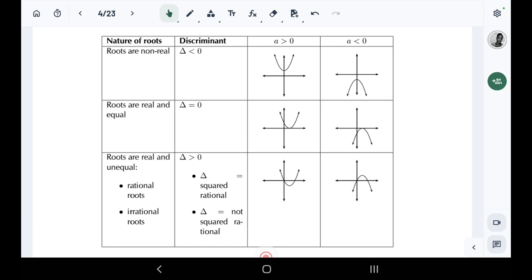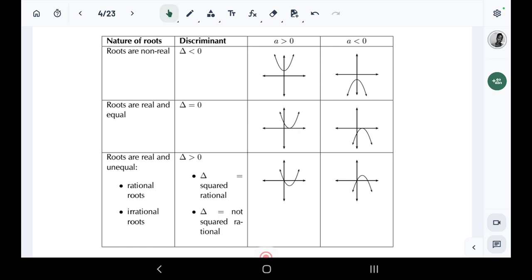You will have exactly one root, or the graph will touch only at one place by the turning point, whether the arms look up or down, if your roots are real and equal. In other words, your discriminant is equal to 0. This is the situation you're going to get. Depending on whether your a is positive or negative, the arms will look up if a is positive and the arms will look down if a is negative, but it will touch only one place on the x-axis.